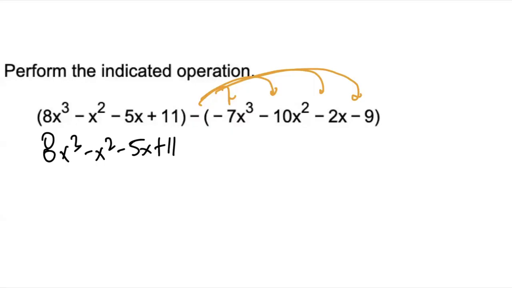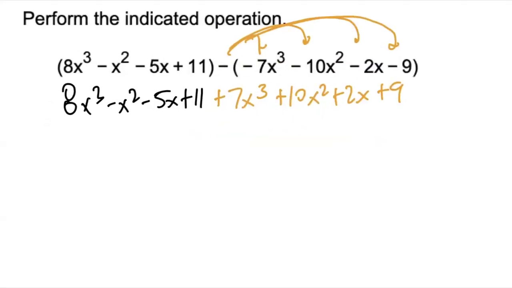So -1 distributed to -7x cubed is positive 7x cubed, positive 10x squared, positive 2x, positive 9. And then just write the degrees. So degree of 3, degree of 2, degree of 1, 0, degree of 3, degree of 2, degree of 1, degree of 0. And then usually I just go from left to right.